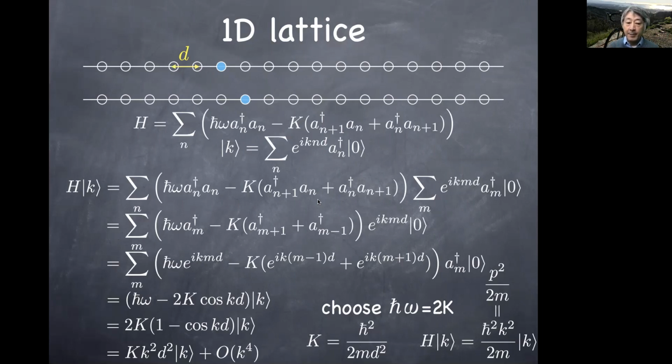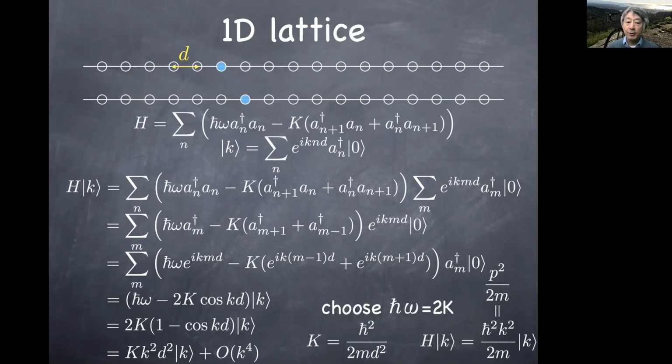So by taking the limit d goes to 0, this whole Hamiltonian turns into a Hamiltonian on continuum space. And choosing h bar omega and 2K in this fashion, we expect that this would give us the Hamiltonian and Lagrangian of a free particle moving in free space. So that's what I'm going to do on the next slide.